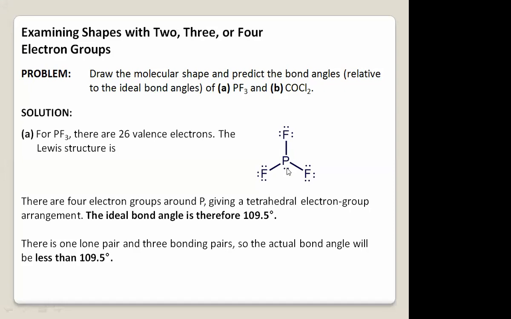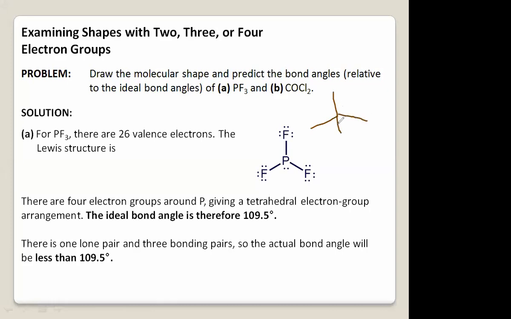This lone pair of electrons is then repelling the other bonds, and this is going to be a trigonal pyramidal structure. This is a Lewis structure. If you are drawing it, it's supposed to be something like this.